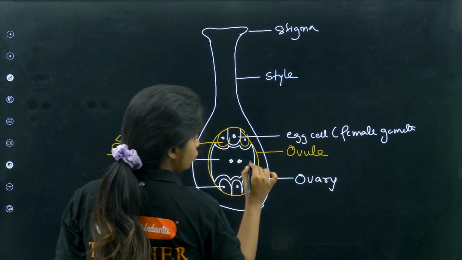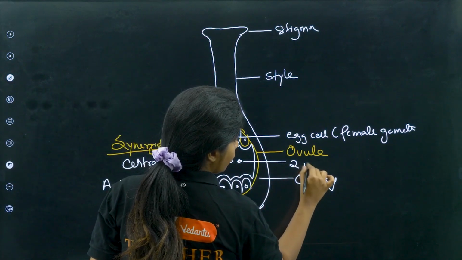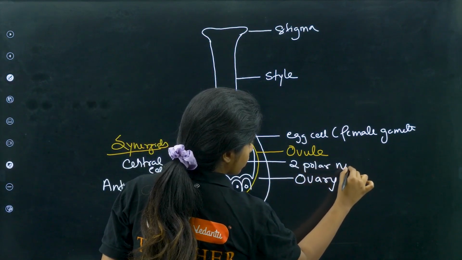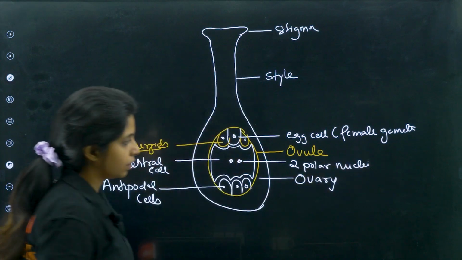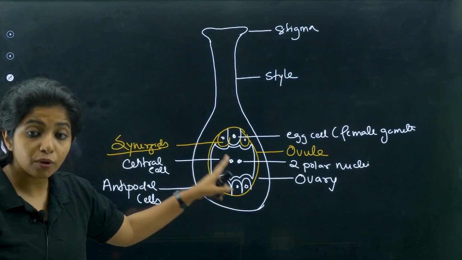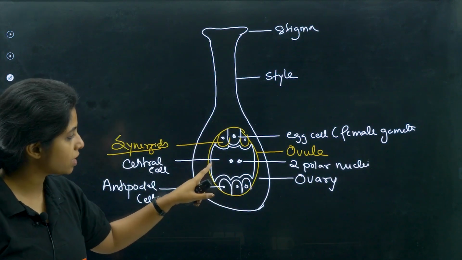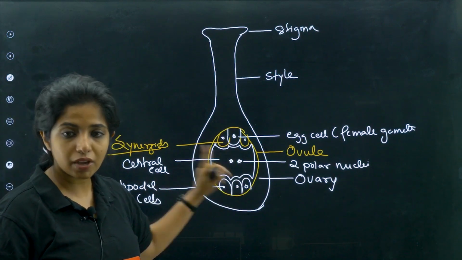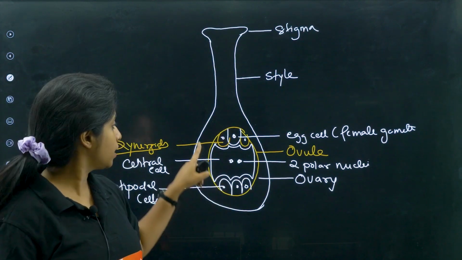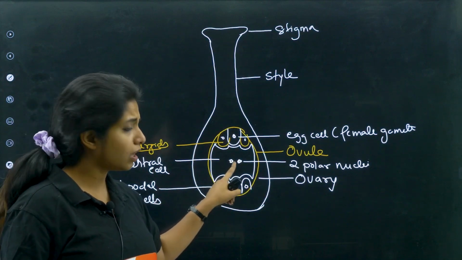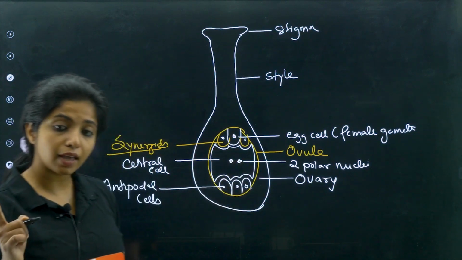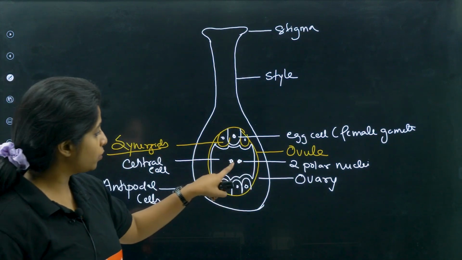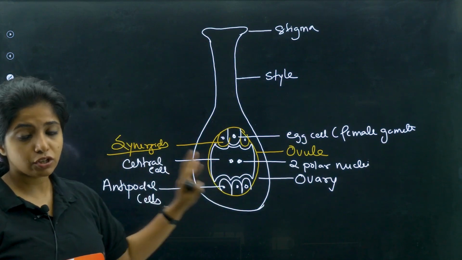I call these two nuclei the two polar nuclei. Now this is the scenario within the ovule. How many cells do you have? 1, 2, 3, 4, 5, 6, and this whole thing is a cell, so 7 cells. How many nuclei are there? 1, 2, 3, 4, 5, 6, 7, 8 nuclei. So 7 cells are there, 8 nuclei are there. The two polar nuclei are very important, and the central cell carries them.